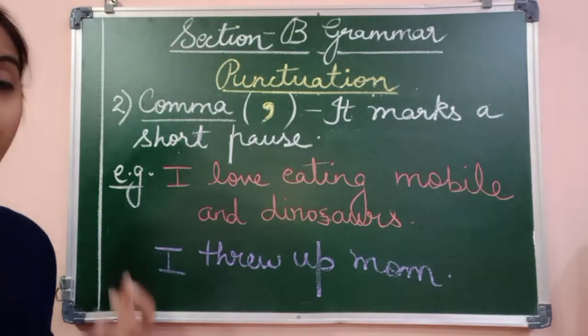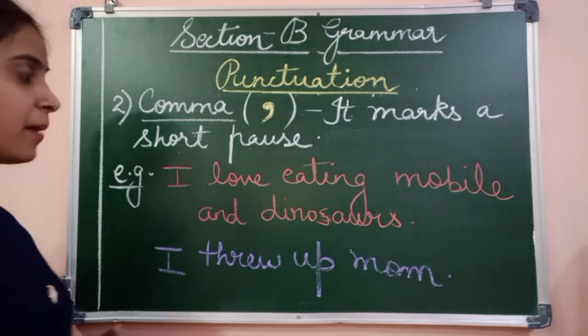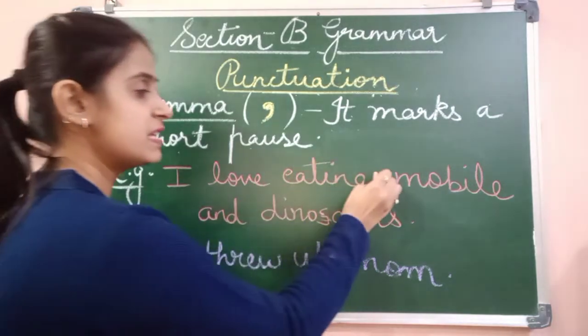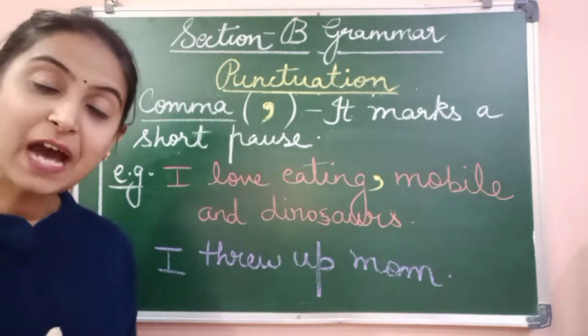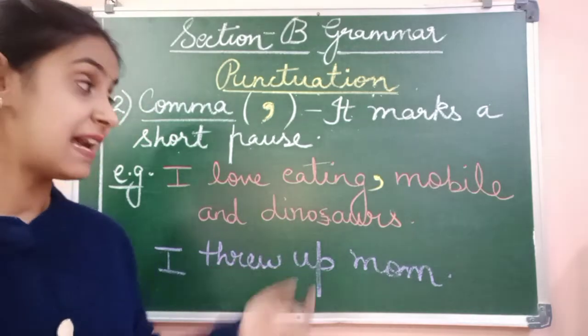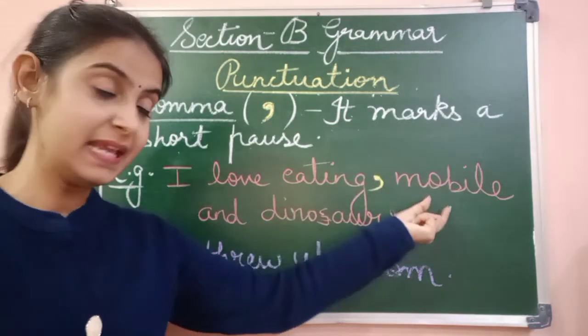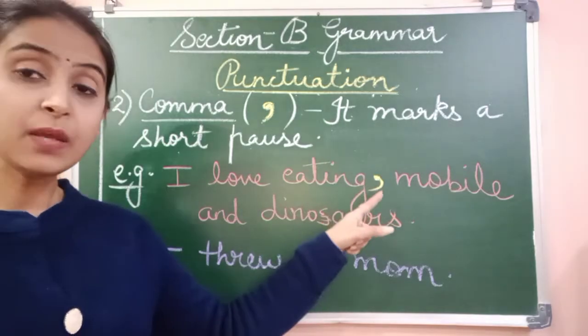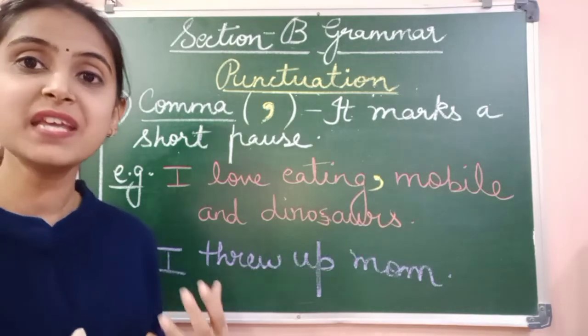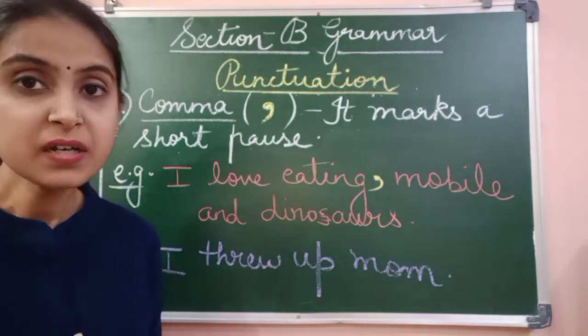But if I put a comma and say, I love eating, comma, mobile and dinosaurs. Now the sentence is making sense: I love eating, I love mobile and I love dinosaurs. Alright, so you see, by putting 1 comma, we can change the entire meaning of the sentence.